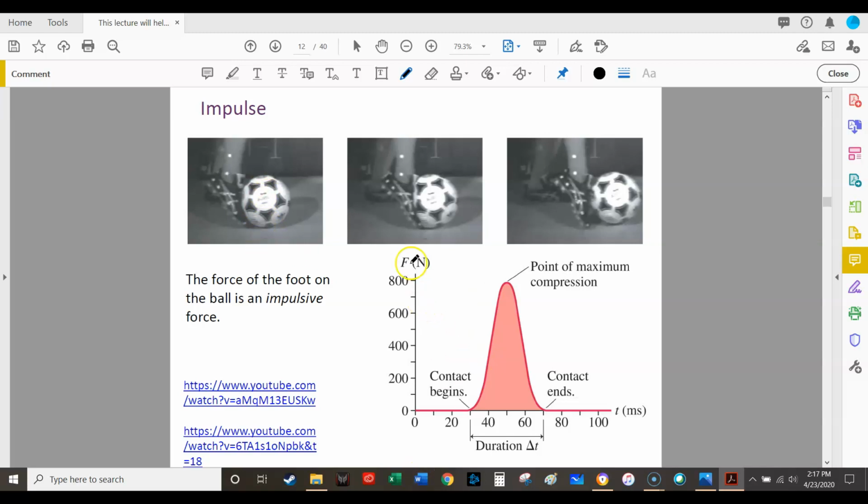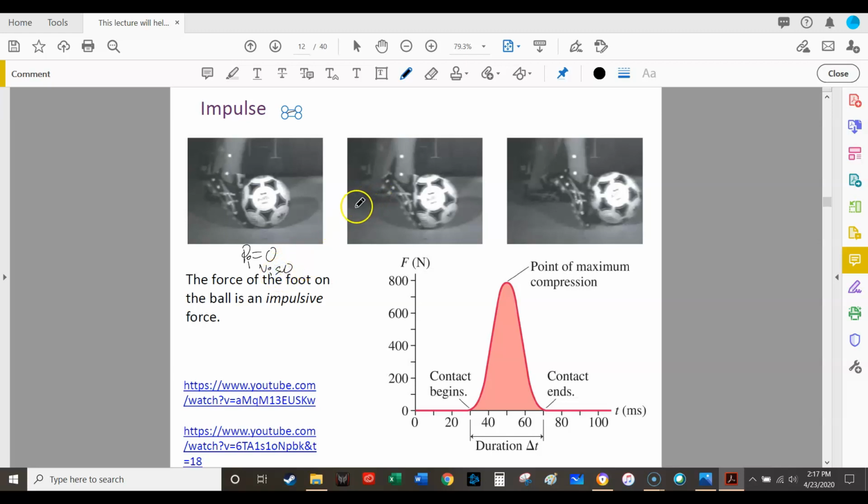So this graph is supposed to represent the soccer ball, okay? So this soccer ball is starting off with an initial momentum of 0, right? Which means its initial velocity is 0.